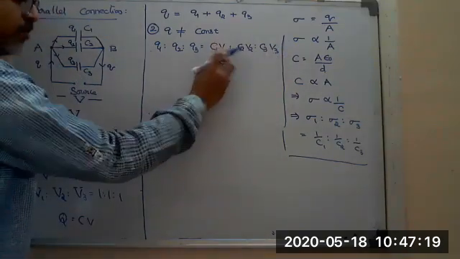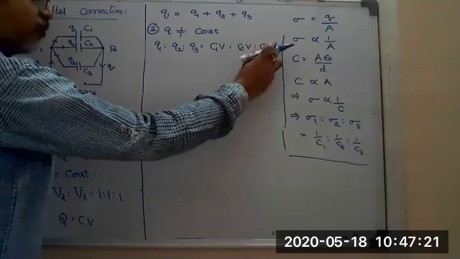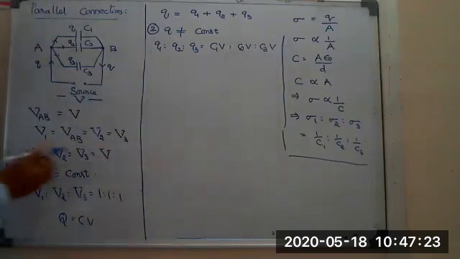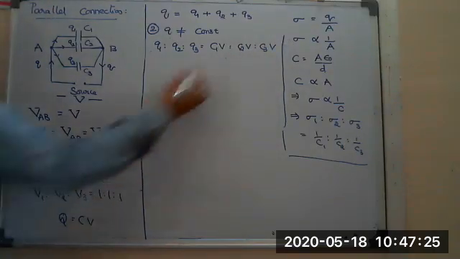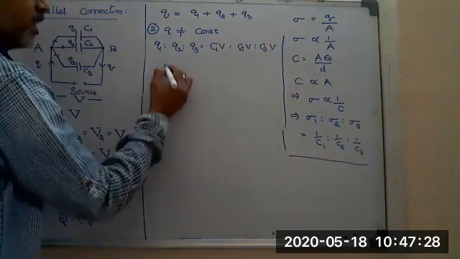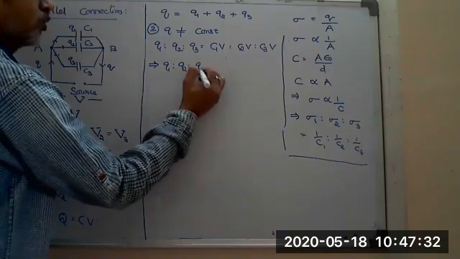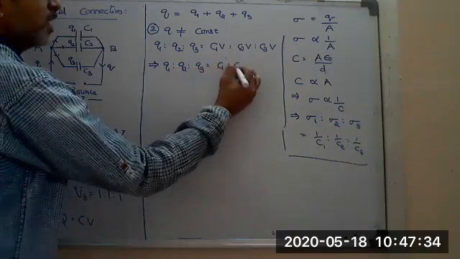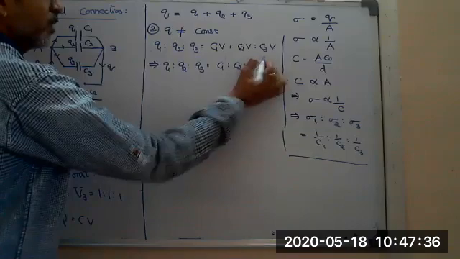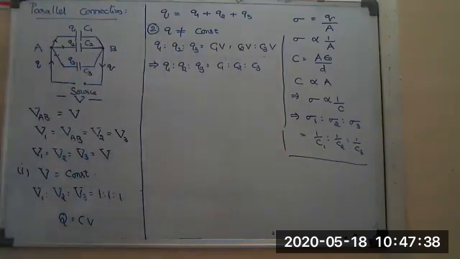No need to write V1, V2 and V3, because the potential is the same. By cancelling the term V, you will get Q1 is to Q2 is to Q3 equals C1 is to C2 is to C3. This is the ratio of charge.